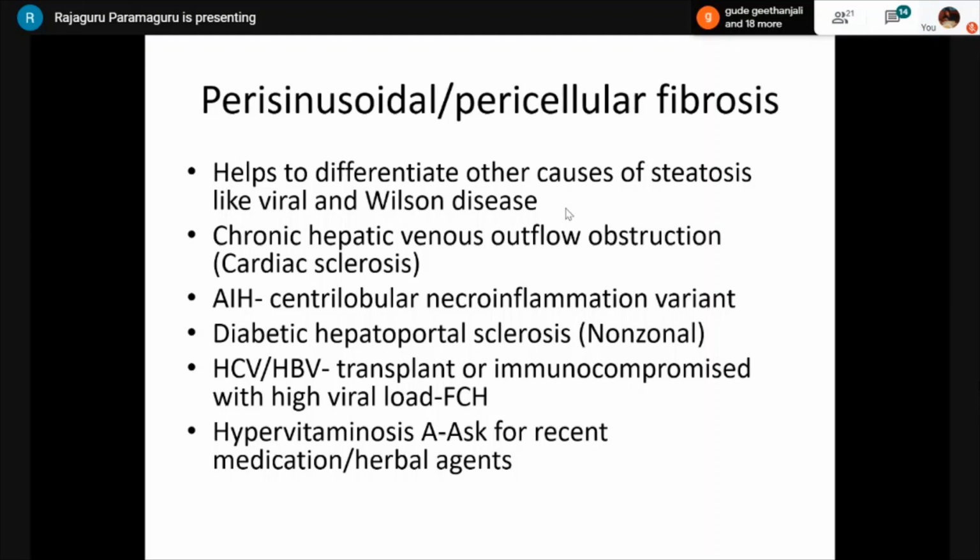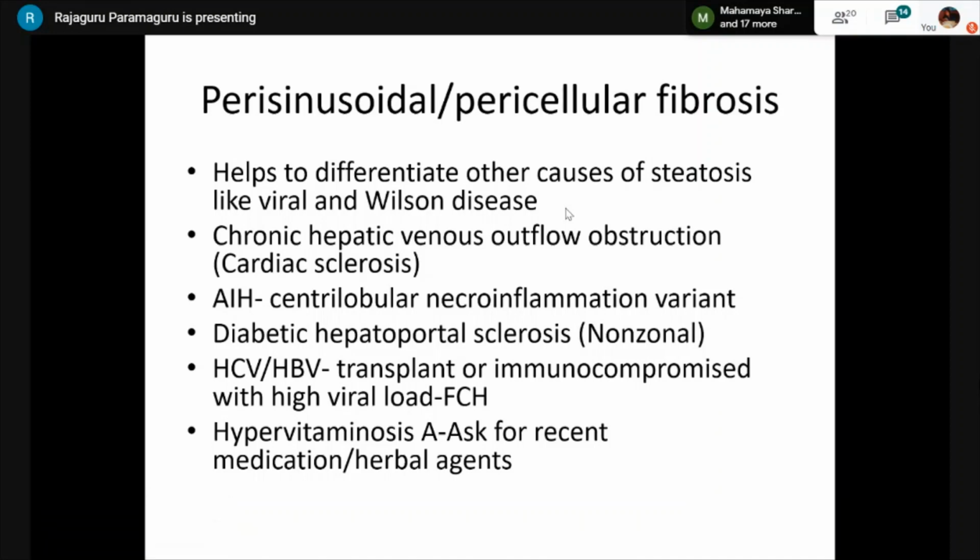This is another condition where you can find cholangitis lenta or ductal cholestasis. And the last one will be hypervitaminosis A, which produces stellate cell hyperplasia. Those are a type of myofibroblast. So you can get a pericellular sinusoidal fibrosis in hypervitaminosis A as well.